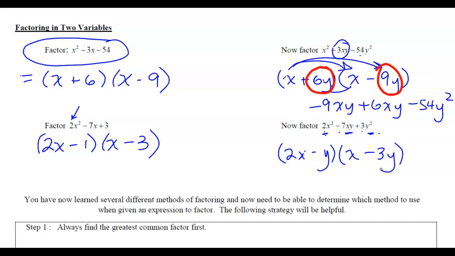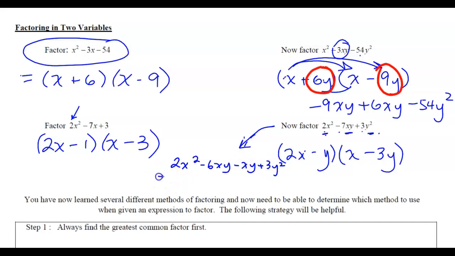Okay. Maybe I'll show you, if you were to do this by decomposition, how it would look when you have both variables in it. So decomposition, we would have decomposed the middle term into minus 6xy minus xy plus 3y squared.